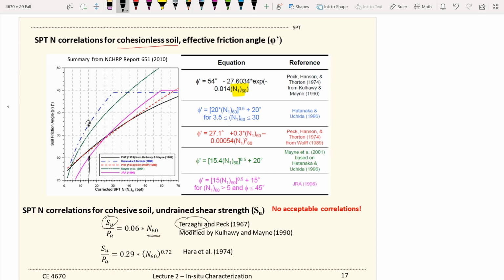But if, for your project, no other information is available, and it's too expensive to collect soil samples back to the lab to do a test, and SPT is the only information that you have, then you may want to just use those correlations with a lot of care.